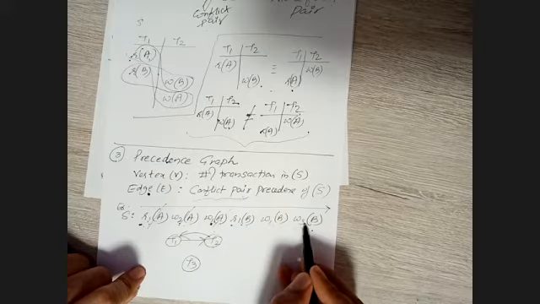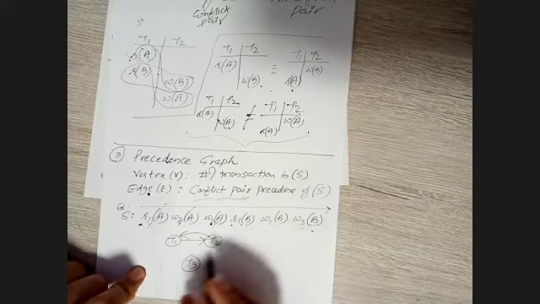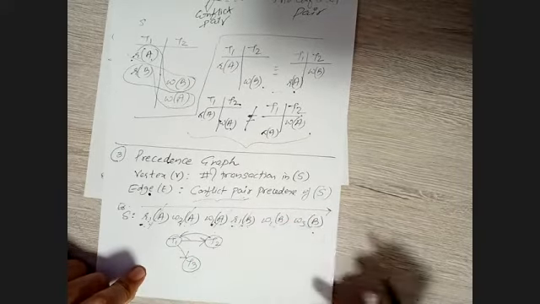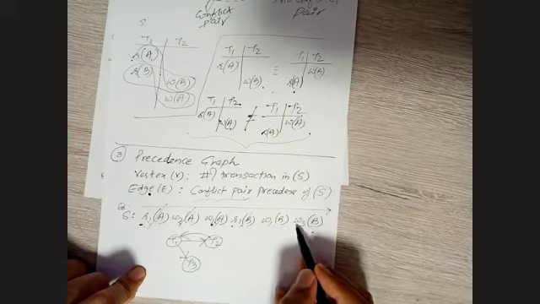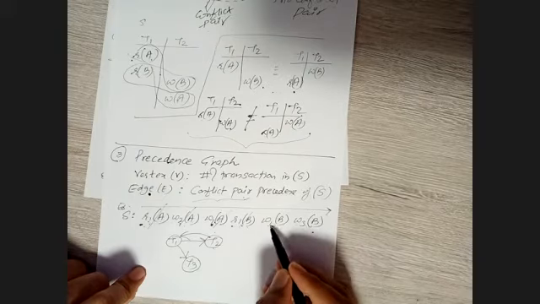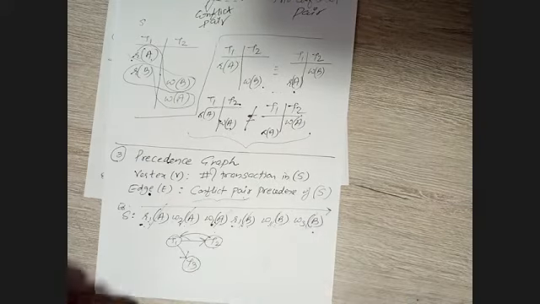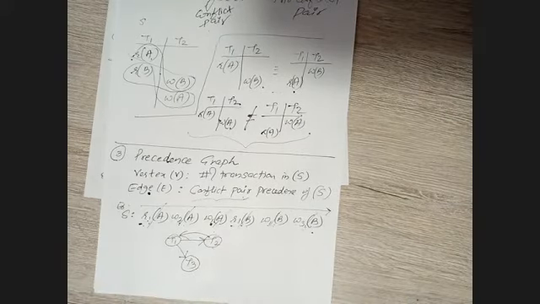That is 1 towards 3, that is T1 to T3. W1B, W3B is again towards 1, 3. Already there, so no need. And the last one, no. So this is our precedence graph. In this way we make the precedence graph for the given schedule.